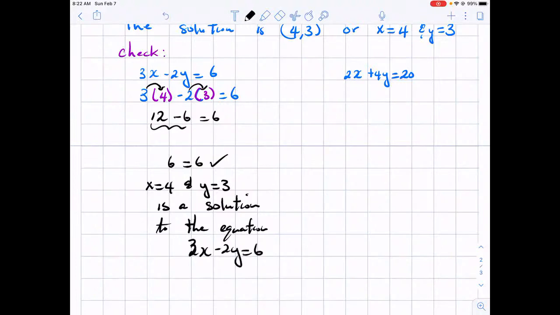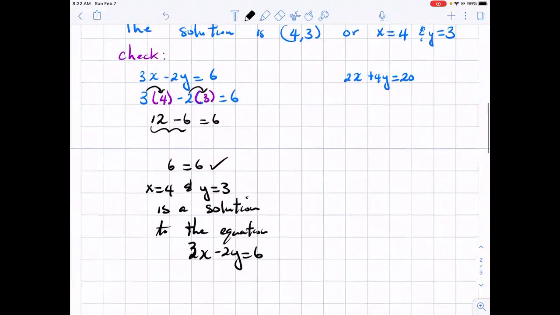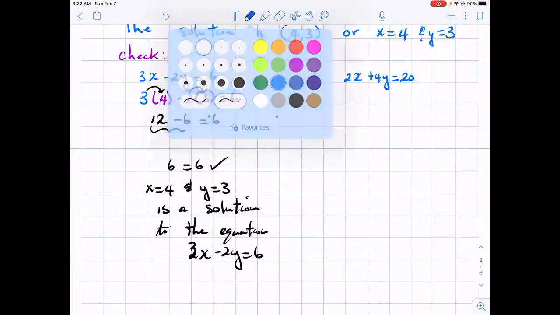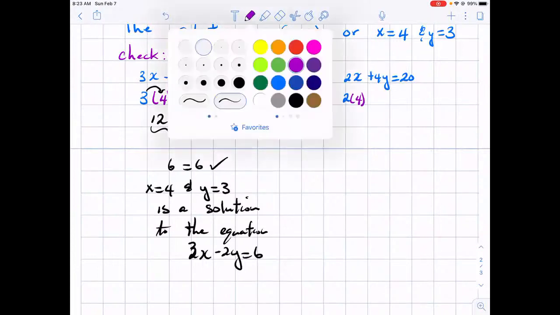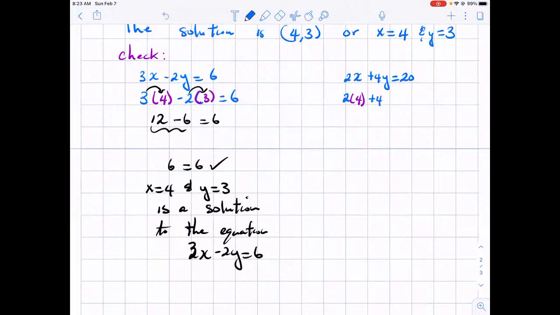Now, for it to be a solution to the system, it must also check in the second equation. In both equations, this must be checked. So if I check it now on the second equation, we have 2 times 4, since x is 4 and y is 3.